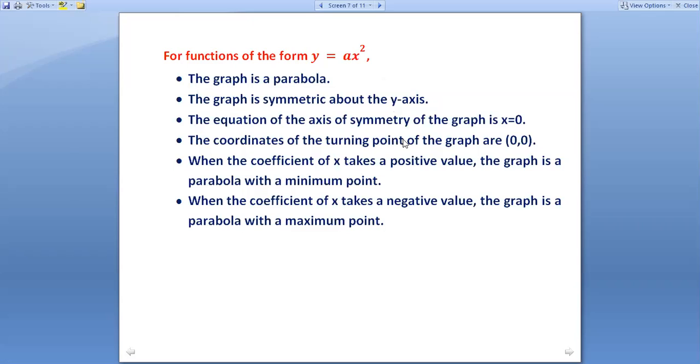The equation of the axis of symmetry of the graph is x equals 0. The coordinates of the turning point of the graph are 0, 0. When the coefficient of x squared takes a positive value, the graph is a parabola with a minimum point, while when it takes a negative value, the graph is a parabola with a maximum point. So what you have to keep in mind is when a takes a positive value, you get a graph with a minimum point, and when a takes a negative value, you get a graph with a maximum point.